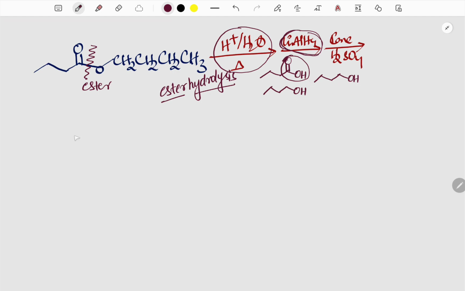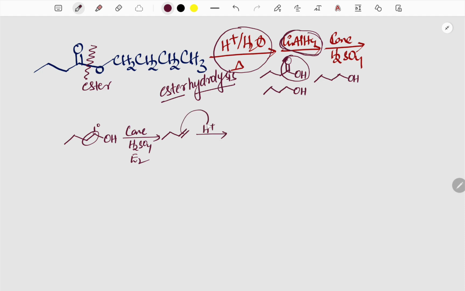And this n-butanol is treated with concentrated H2SO4. This n-butanol undergoes dehydration in the presence of concentrated H2SO4. Since it is a primary alcohol, first it undergoes dehydration through the E2 mechanism. But here the problem is we are doing the reaction in acidic medium.